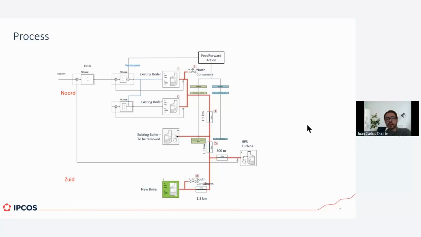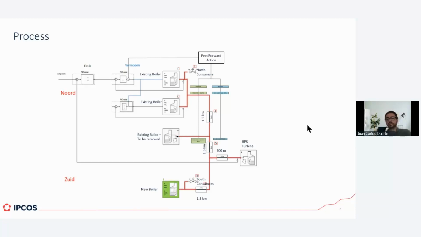This was a utilities company that provides high pressure steam to a chemical complex. They had several boilers and they wanted to remove an existing boiler and install a new one. You would say, well, that doesn't seem like much of a problem. But the problem was that the distance between the boilers was massive.